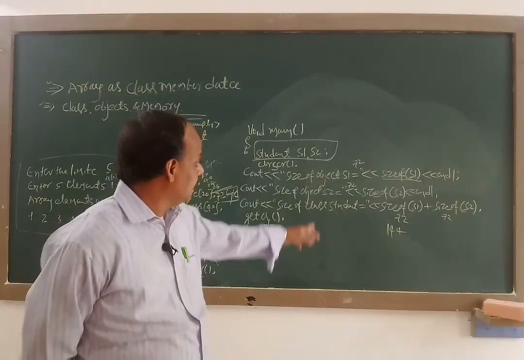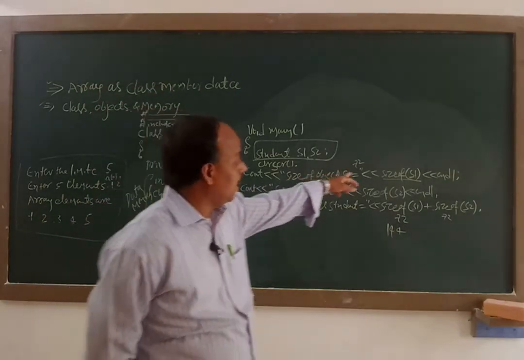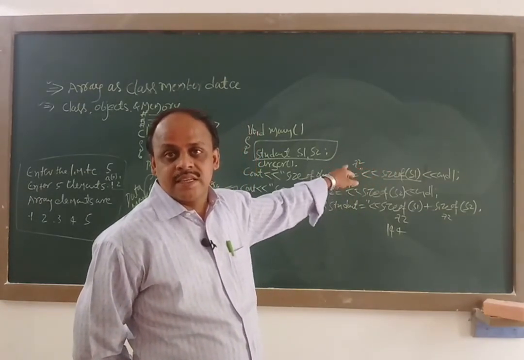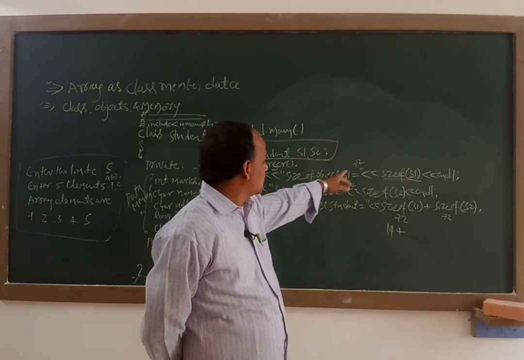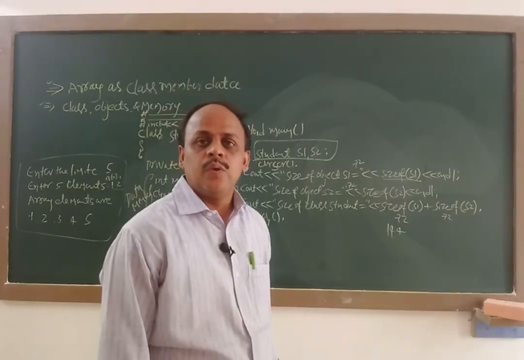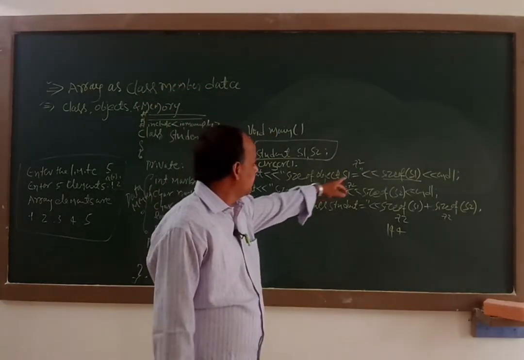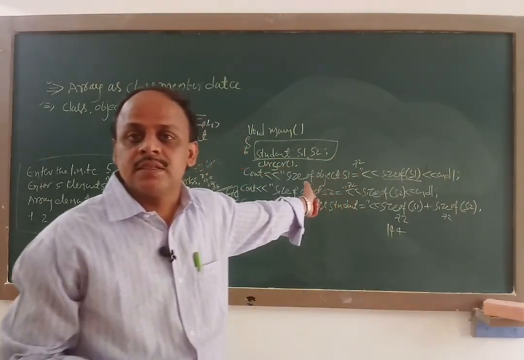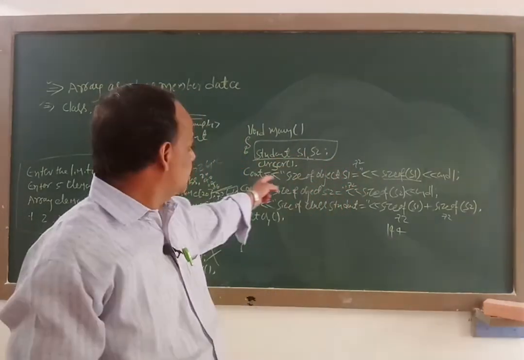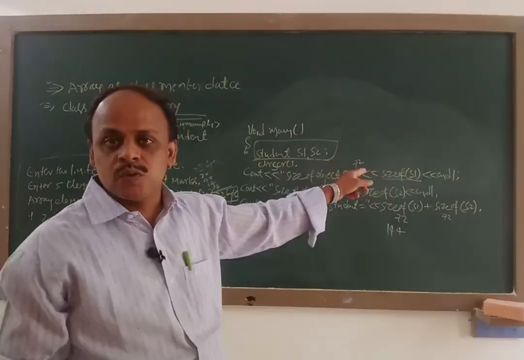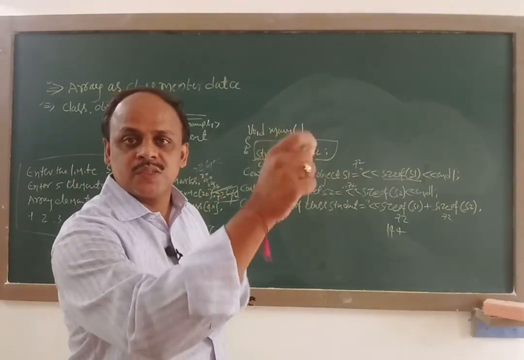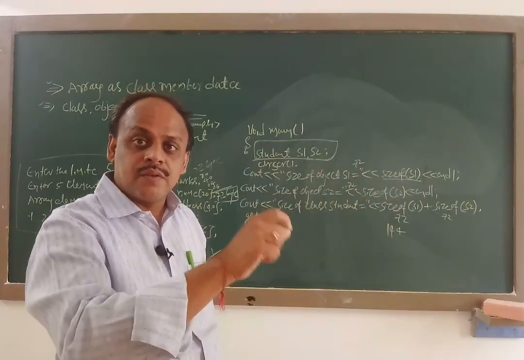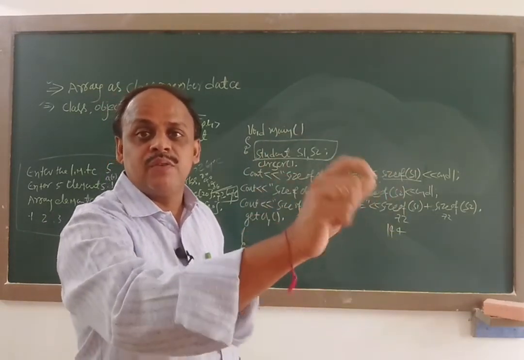Here I have not written the word byte in the cout statements. I just wrote size of object S1 is equal to size of S1, so it prints size of object S1 is equal to 72, size of object S2 is equal to 72, size of class student is equal to 144.